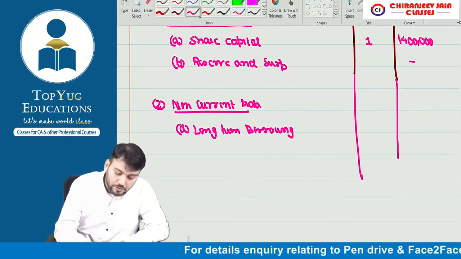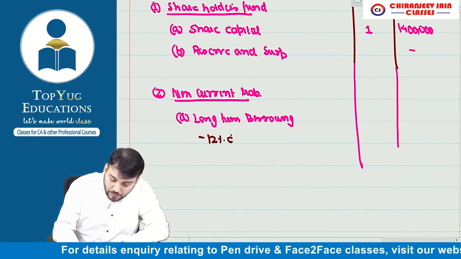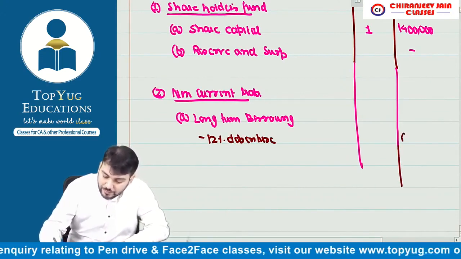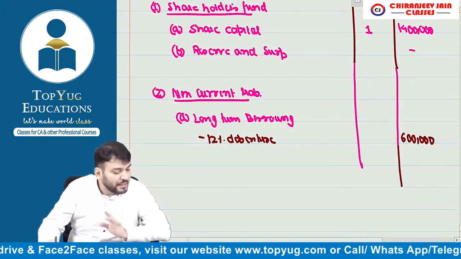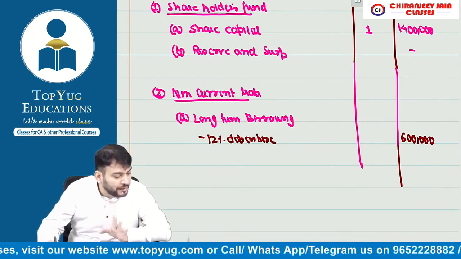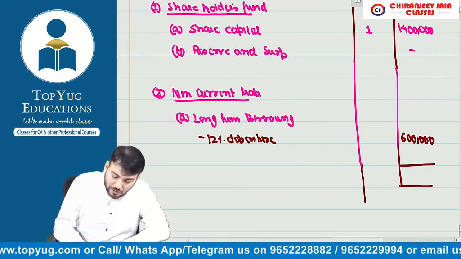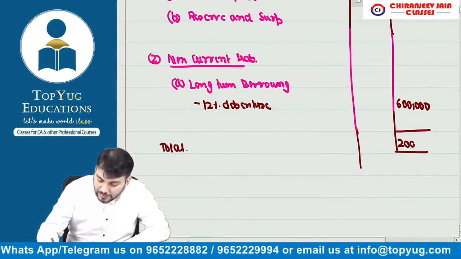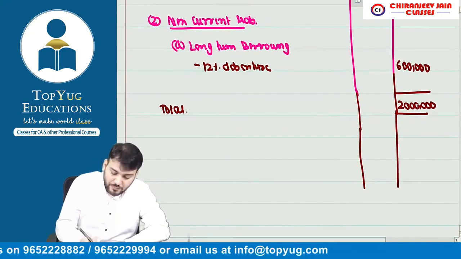So now it will be 12% debenture, 6 lakh. Correct. Can I say interest will not come? Bank of India also paid, interest accrued on Bank of India also paid, creditor also paid. Everything has been paid. So nothing will come. It will remain this only. So how much is the total? The total is 20 lakh. Such an easy balance sheet.